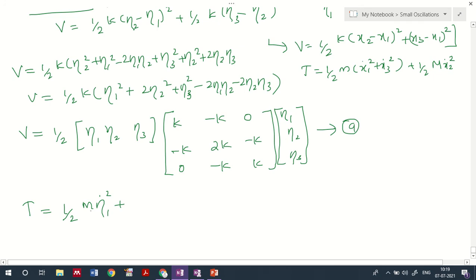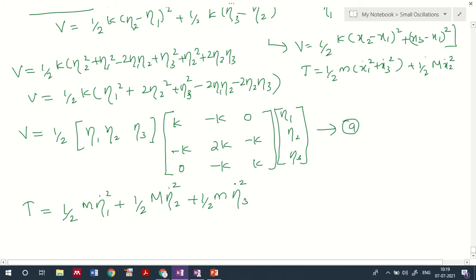When you consider kinetic energy, there will be an associated mass as well, so eta 1 dot square, then next one half capital M eta 2 dot square, then plus half m eta 3 dot square will be there.